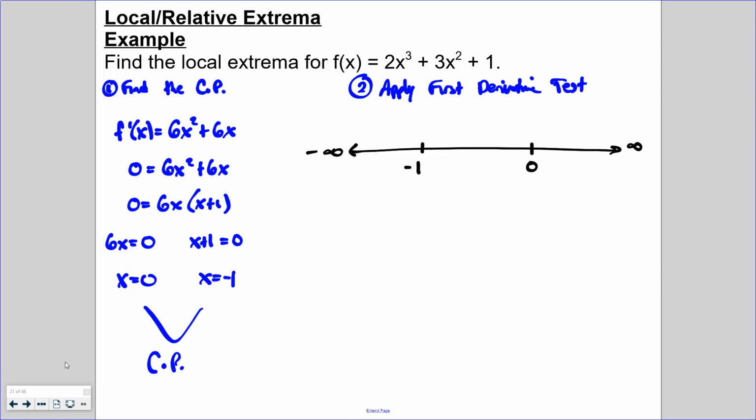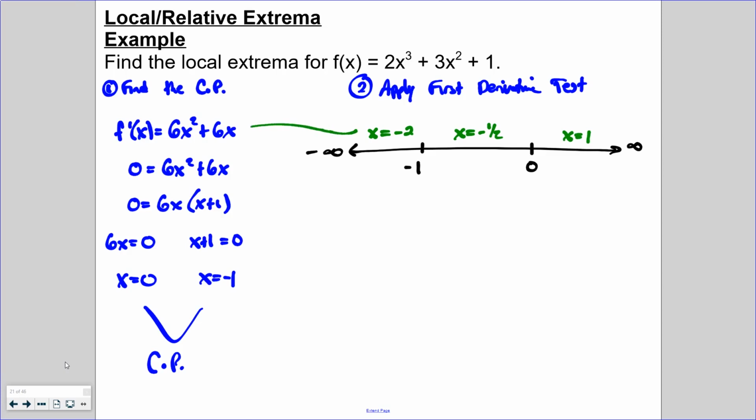Now, we just need to pick test values in each of the intervals, plug those test values into the derivative to determine whether it's positive or negative, to determine whether the function is increasing or decreasing. So I'll choose x equals negative 2, I'll choose x equals negative 1/2, and I'll choose x equals 1.